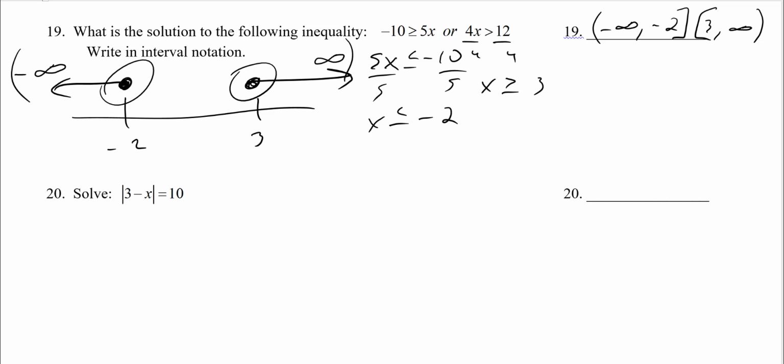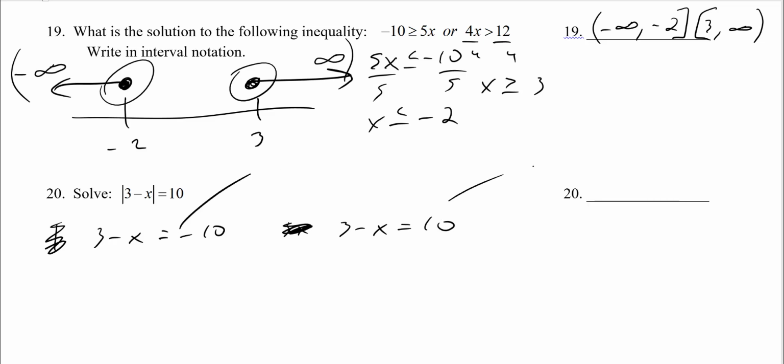And remember, we're going to have two answers for this. So this is already solved nicely for you. Let me get rid of that. You're going to say 3 minus x equals -10, and 3 minus x equals positive 10. Okay, and then you solve. You've got two answers, one positive and one negative, and you solve. So I'm going to subtract 3 from both sides. So -x equals -13.